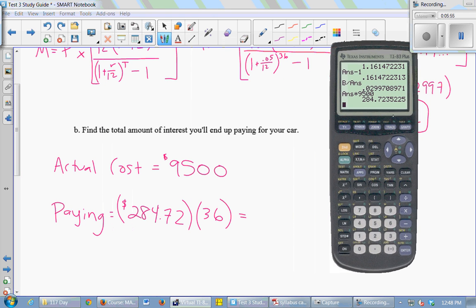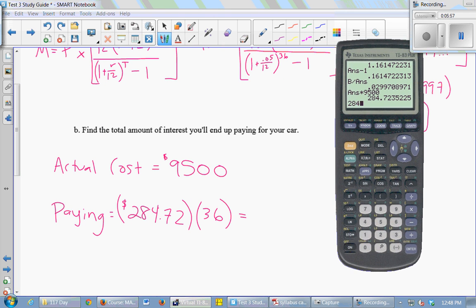So take that $284.72 times 36 months, and I get $10,249.92. So instead of $9,500, I'm actually paying $10,249.92. So subtract what the actual cost was, and the remainder is all interest charges.